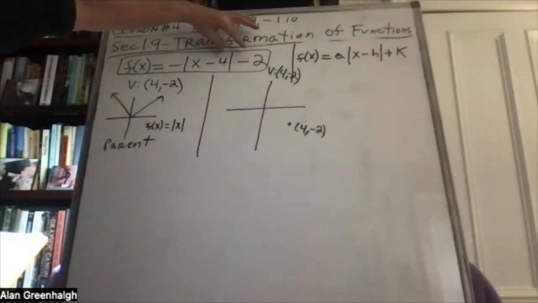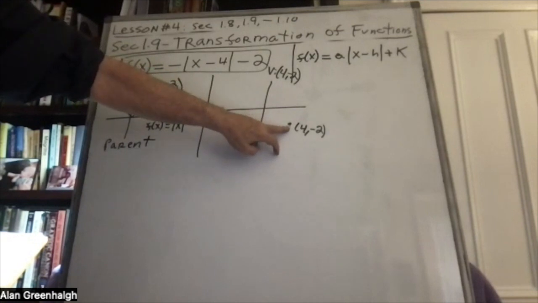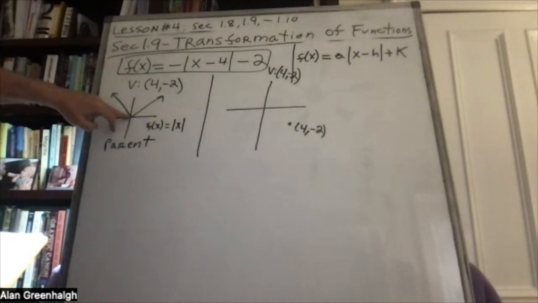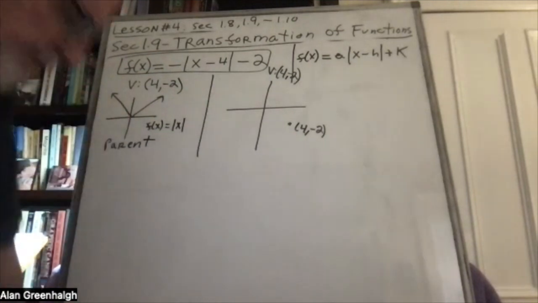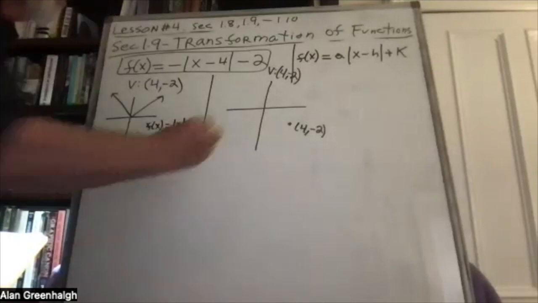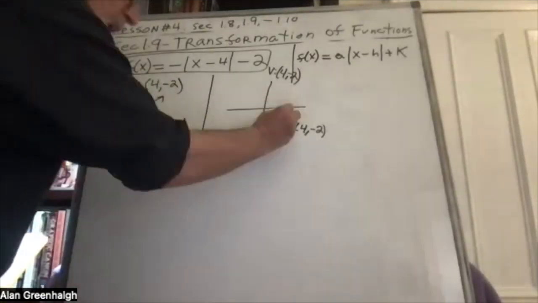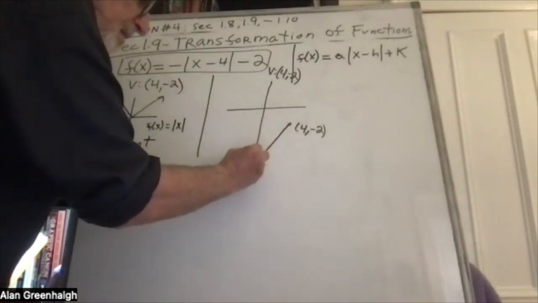So we've taken care of h and k, which tells us the starting point for the graph. And now we assume it's going to look like that, with the exception of the fact that there is a negative sign here, meaning that instead of it looking like this, it's going to look like this.